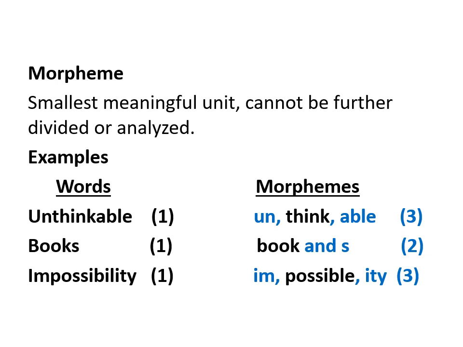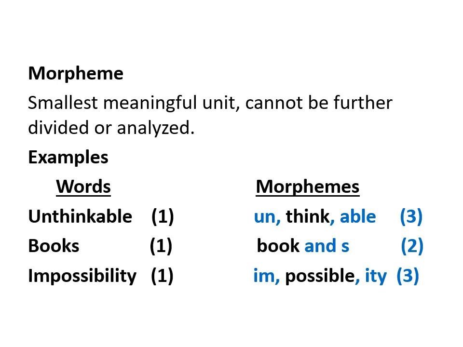The word think, highlighted in black ink, is the basic word, the root word, or free morpheme, and the rest, un and able, are bound morphemes. So free and bound morphemes, and in total there are three morphemes, whereas it was one word.